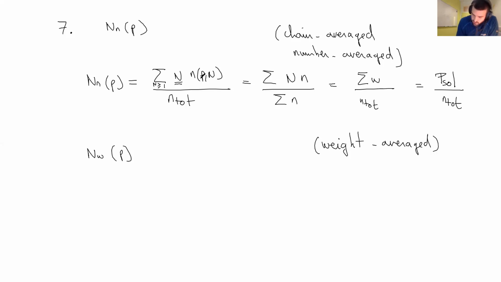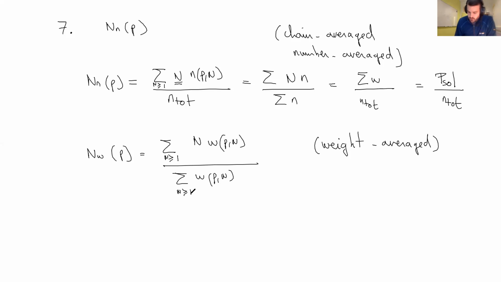And instead of having n, then you want the weight, and the weight is what we already introduced before, so W. And you should normalize so that it's a proper average here. Agreed? So now, before the distribution was the chain distribution, normalized, but now it's the weight distribution, it's the monomer distribution, properly averaged.